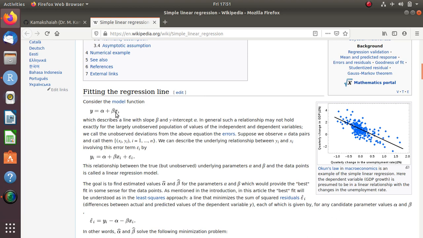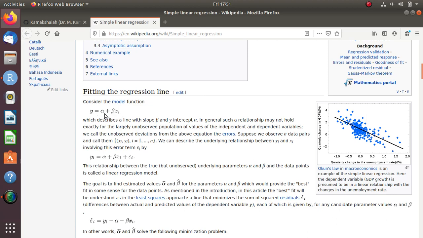There are other names for y and x. Y is also known as regressor and x is known as predictor. There are also explanatory variables and exploratory variables. There are different names for these variables, but this is just a simple linear equation in mathematics, in the form of y is equal to mx plus c.